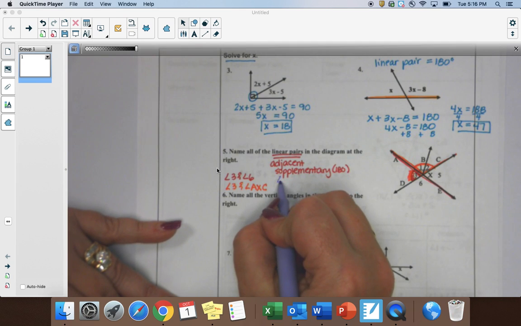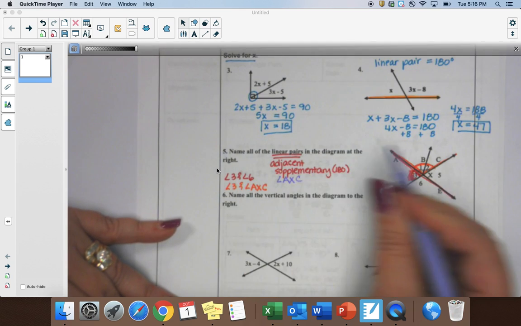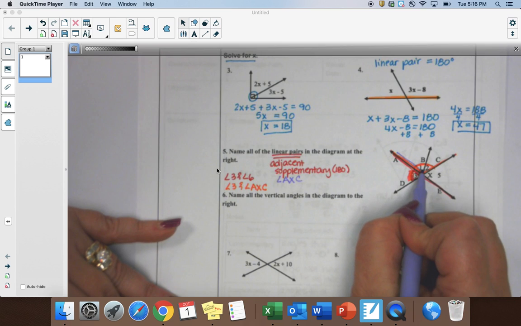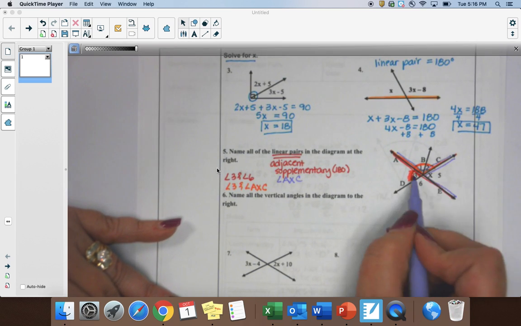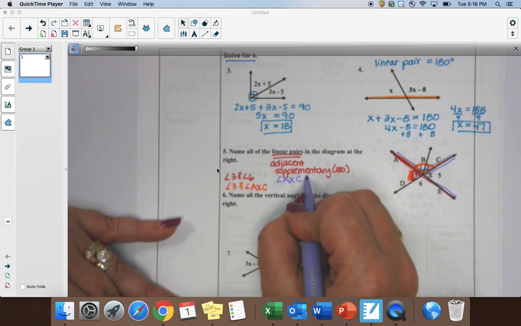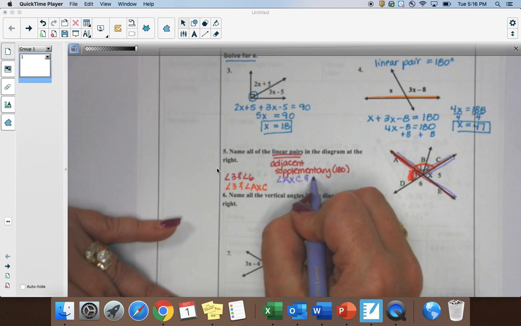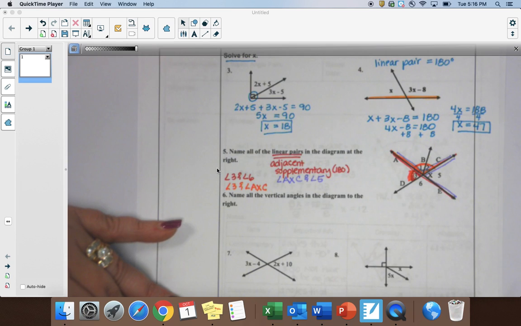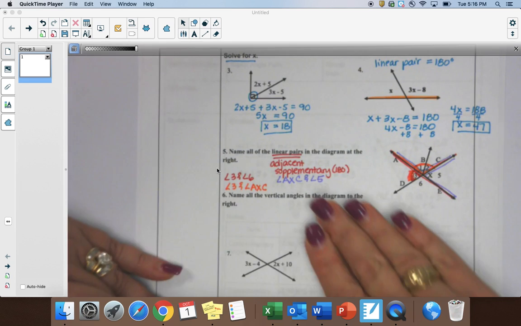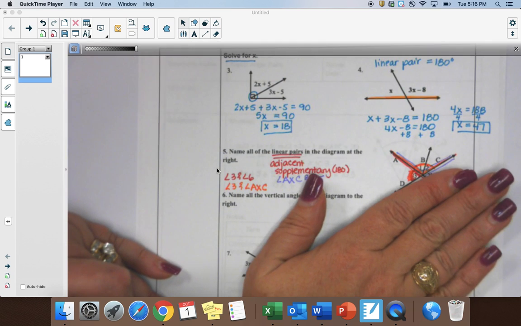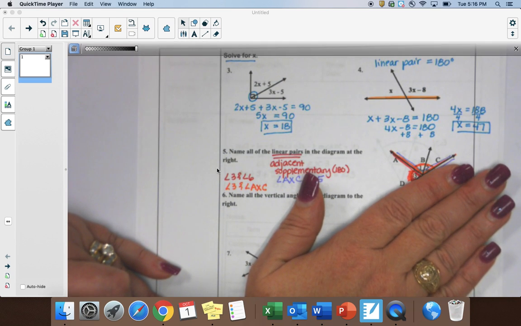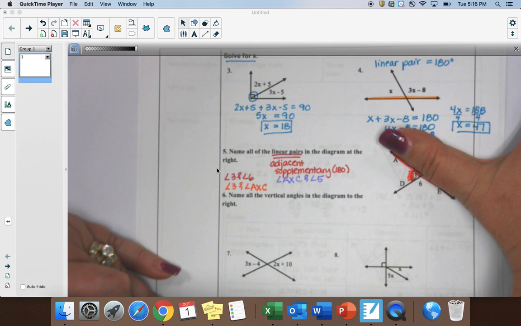Now we can do angle AXC, which is this one that we just did. And we can do here with angle 5 or CXE, however you want to name it. So we can do AXC and angle 5. See, if you cover them up, you can see those two form a linear pair, those two form a linear pair, those two form a linear pair.